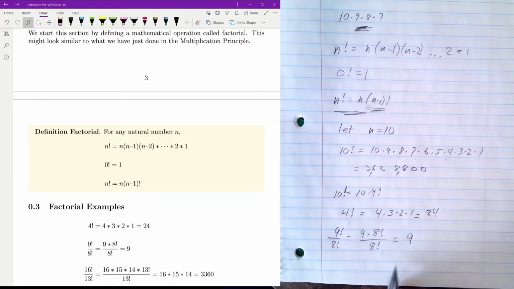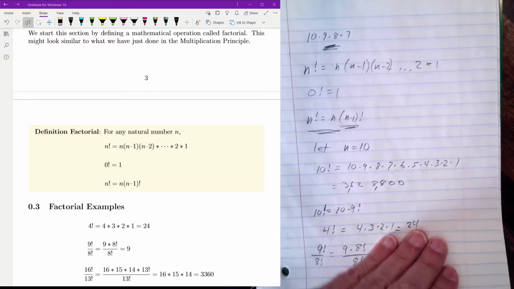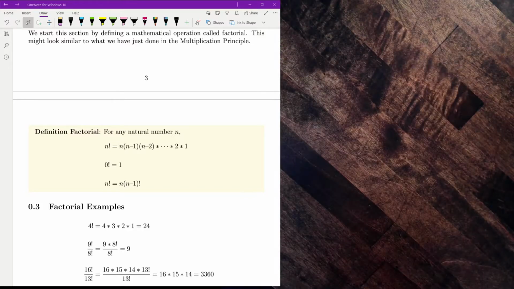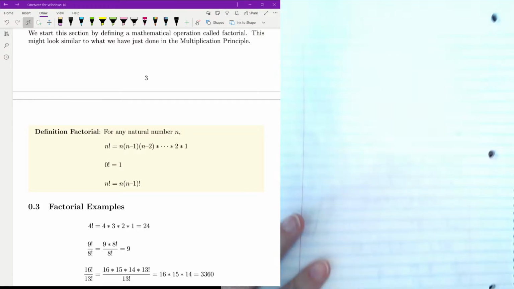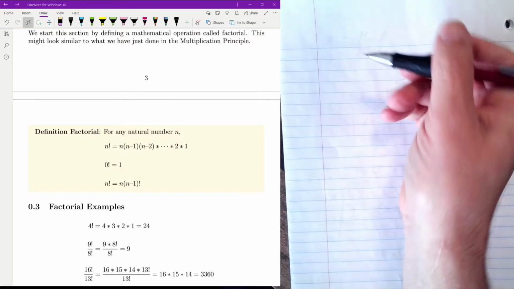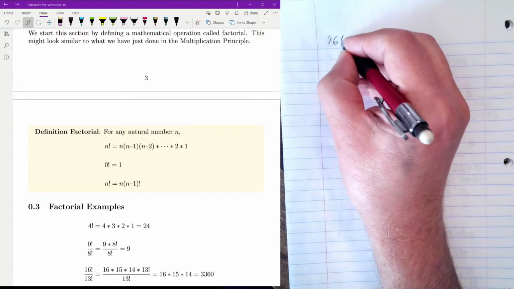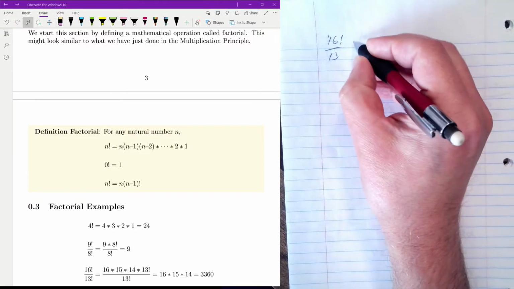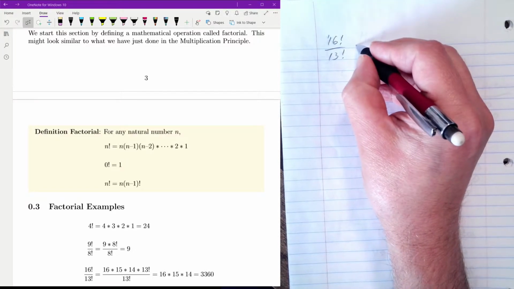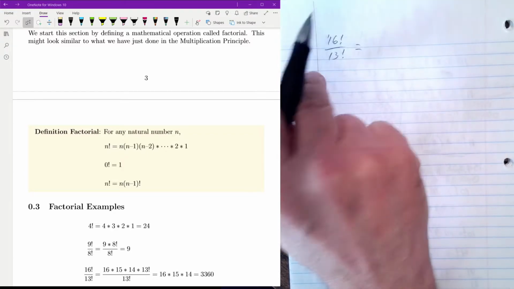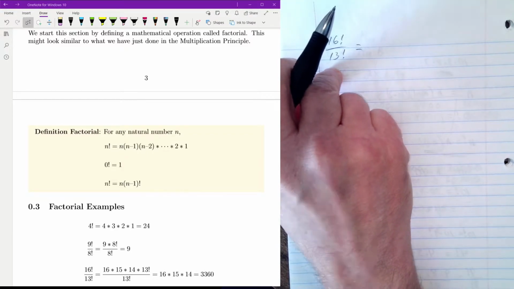So that's why I'm doing this. This is actually a very, very useful thing to do. And we'll do it quite often, in fact. Another example is 16 factorial divided by 13 factorial. Now, the advantage of doing some of these things with factorials is, first of all, the notation doesn't take up much space.